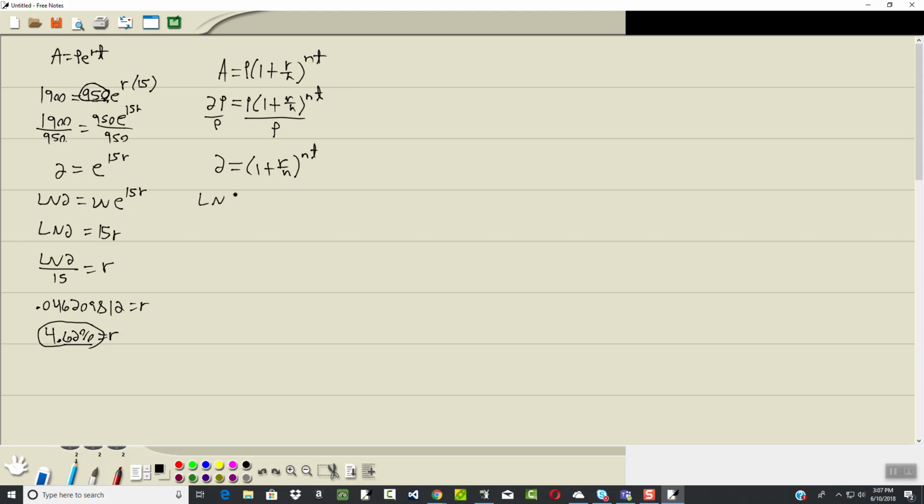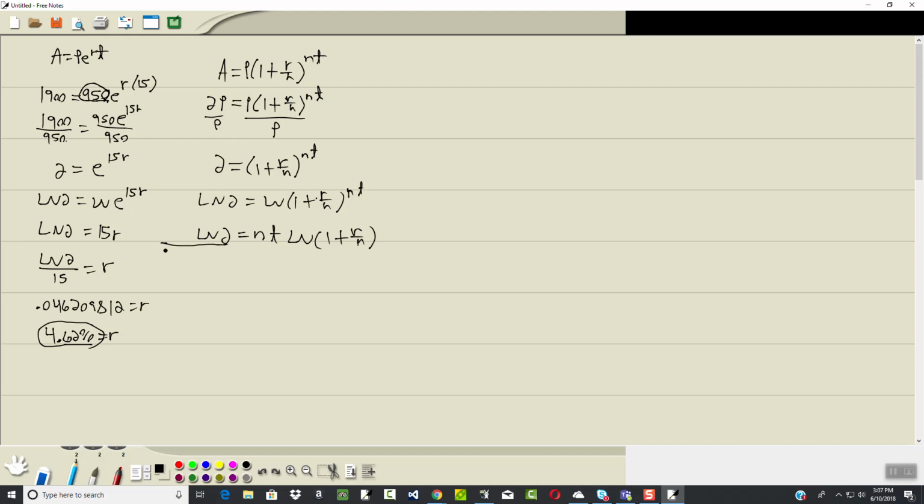Take natural log of both sides. So we got natural log of 2 is equal to natural log of 1 plus r over n to the nt power. I'm going to take this nt and put it on front of my log. That's one of our log properties. And now we're wanting to solve for t. So we're going to divide both sides by what's in front of the t and after the t.